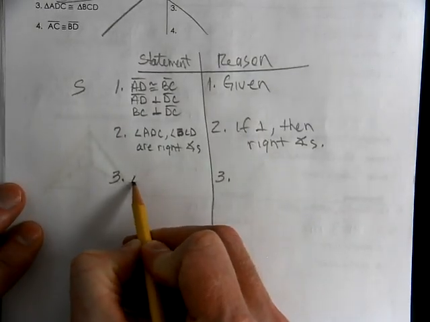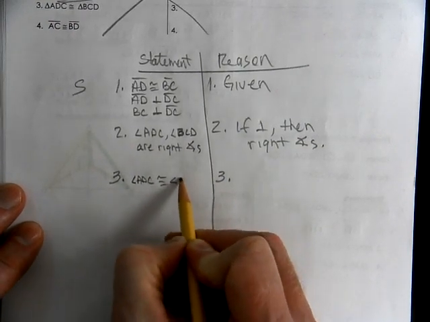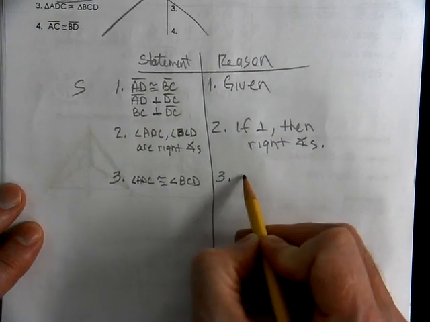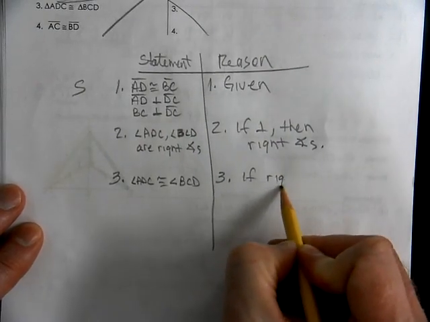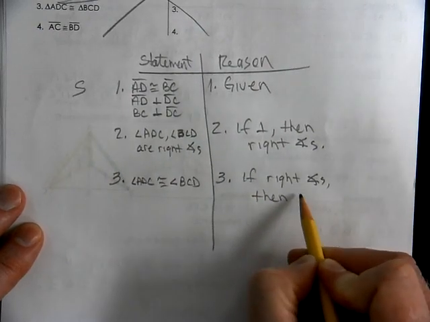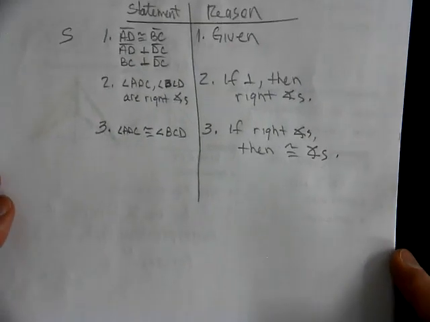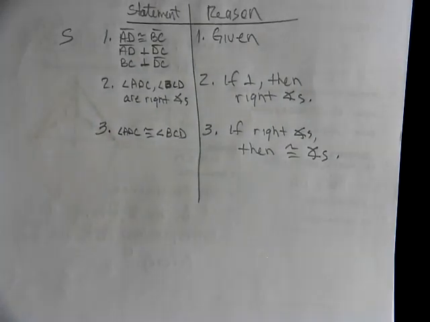We're going to talk about how angle ADC is congruent to angle BCD. If right angles, then congruent angles. If two angles are right angles, then they are congruent angles.